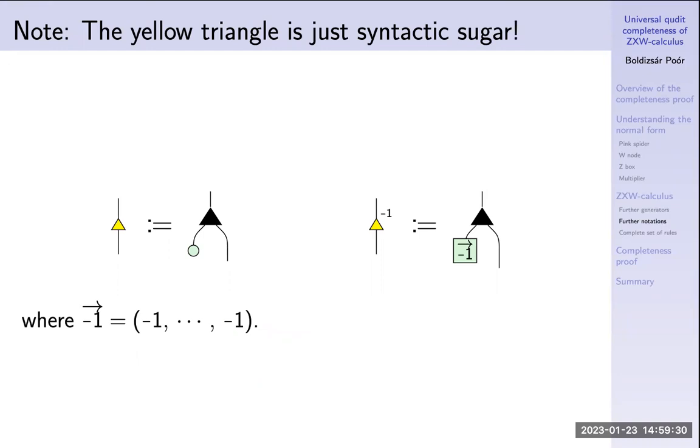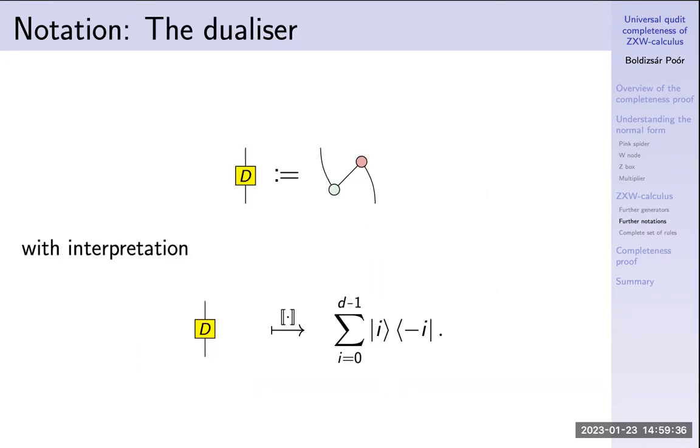Sorry, quick question. Am I right in saying that the dualizer here will be 2 Hadamards in a row, or is that not the case? Yeah, that's the case. In the rule table, we will see a rule that corresponds to the dualizer actually equals 2 Hadamards.